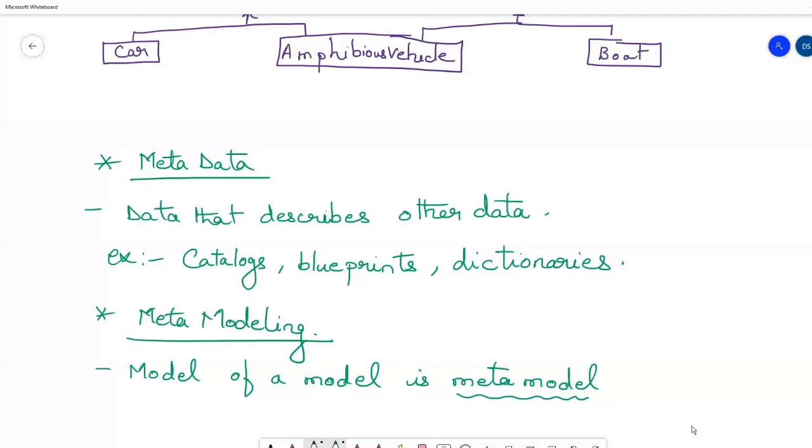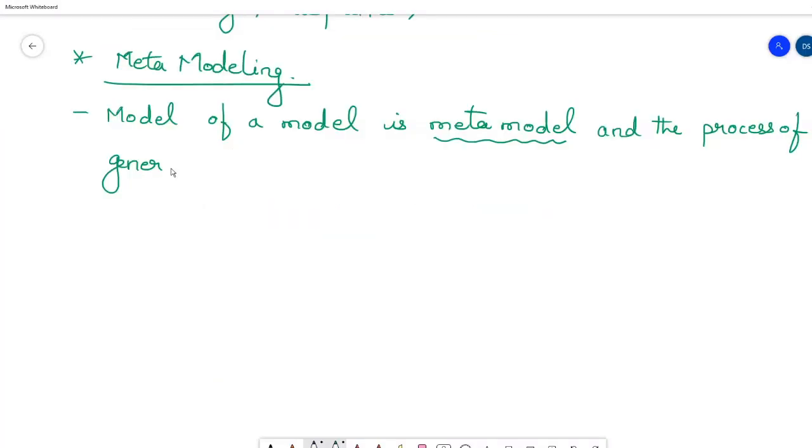Such meta models, the process of generating them, is called meta modeling.